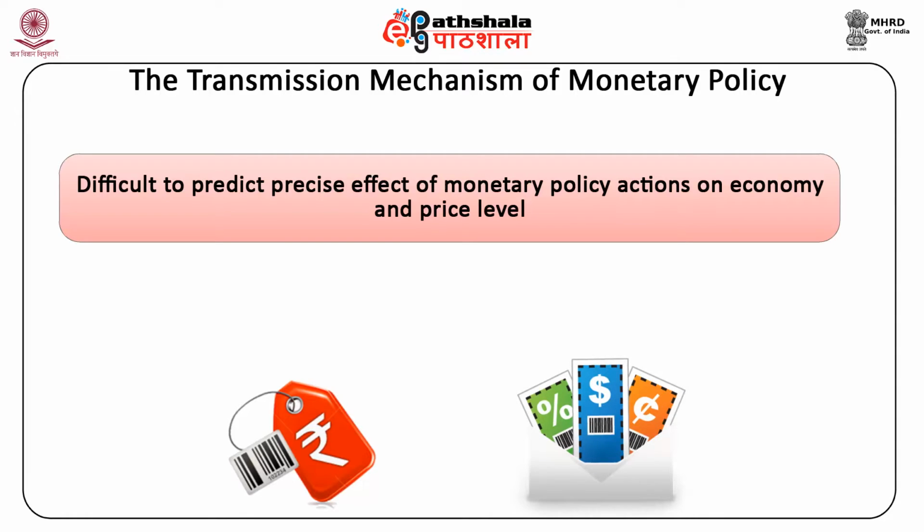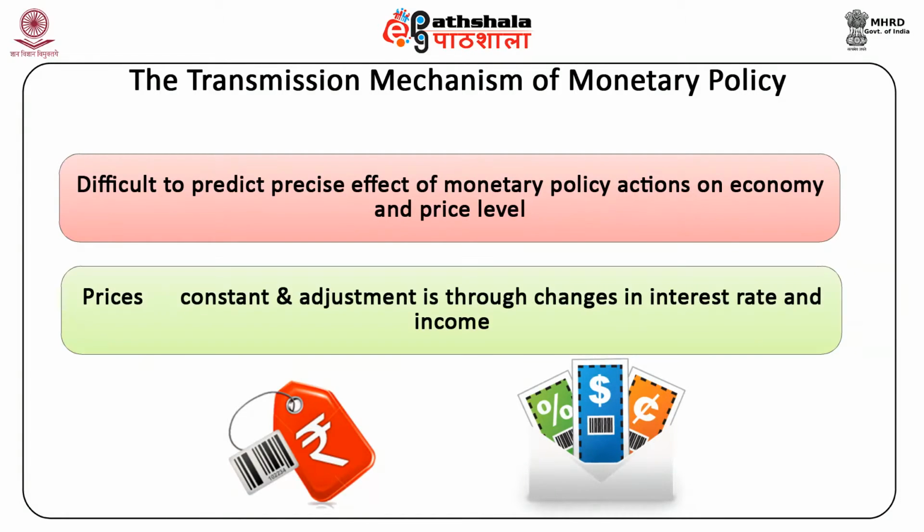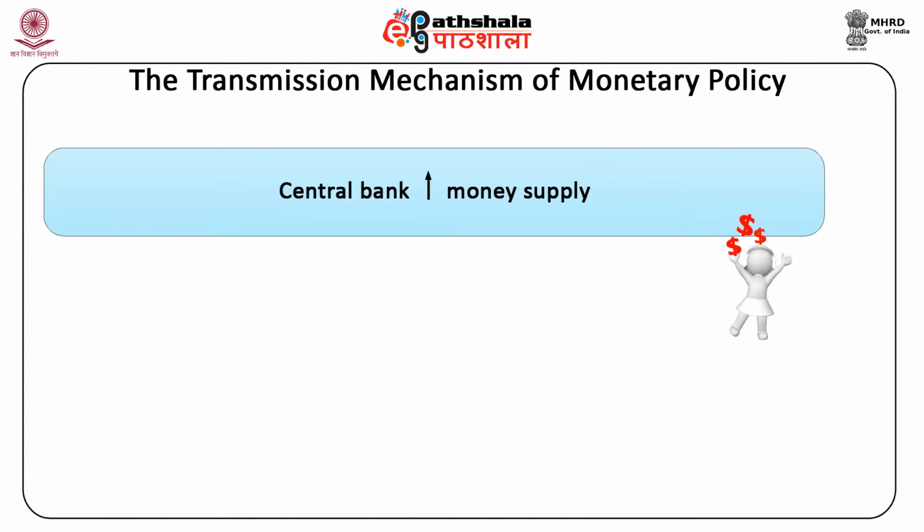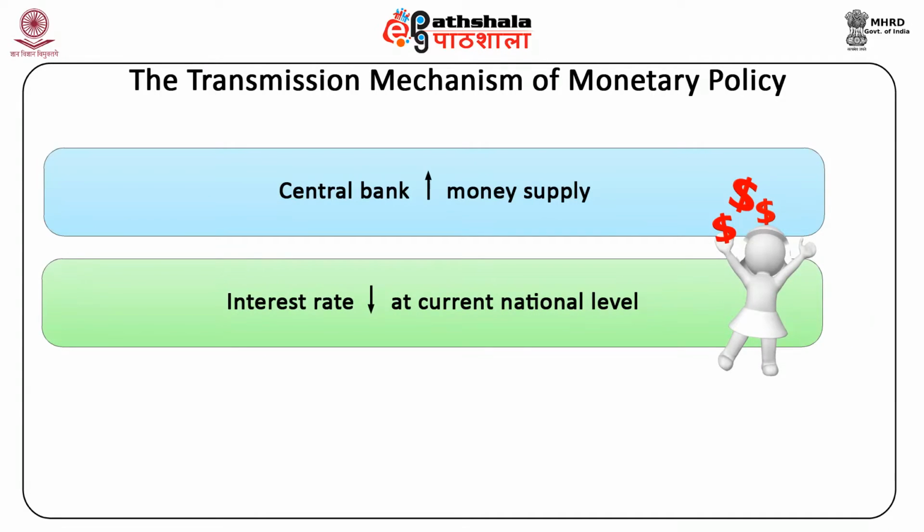In the IS-LM framework, we assume prices to remain constant and all adjustment will be through changes in interest rate and income. When the central bank initiates the monetary expansion by raising the money supply, the interest rate falls at the current national income level.